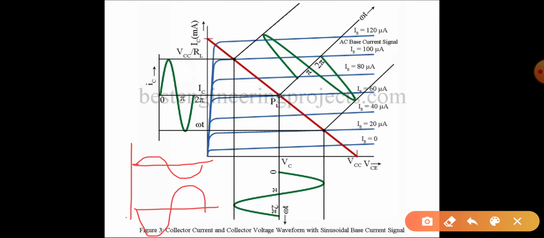To amplify means to increase the voltage or current levels, to increase the power of the signal. So a single stage CE amplifier amplifies the weak signal, but it inverts the output, means it gives a 180-degree phase shift between input and output.